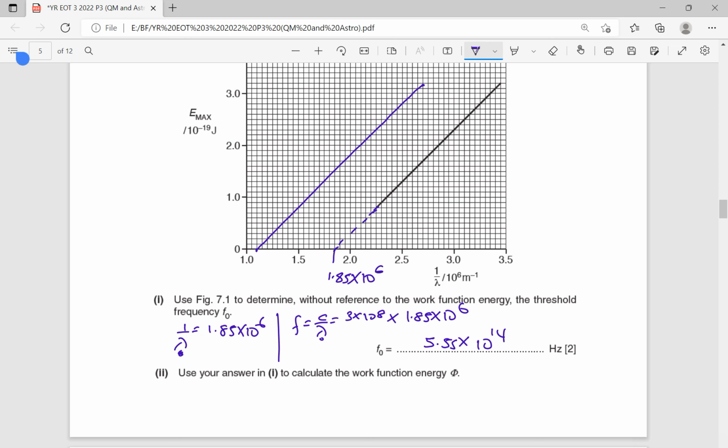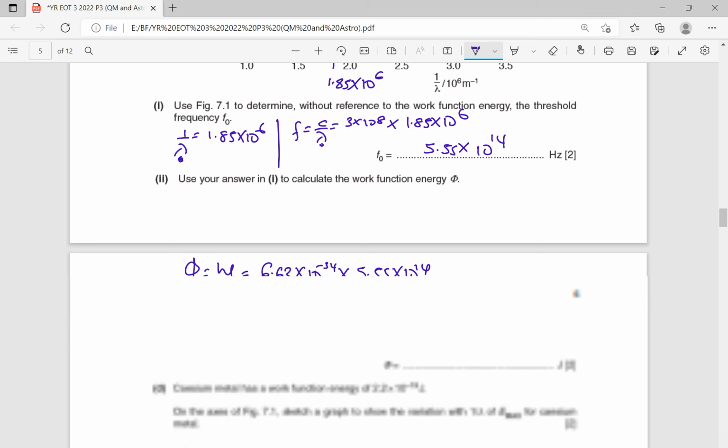Your line should be extremely parallel to the one which is already there. So you could see that that is our new line. Okay, next.